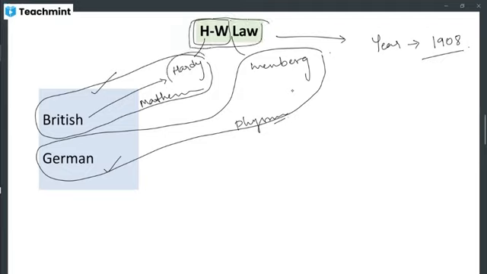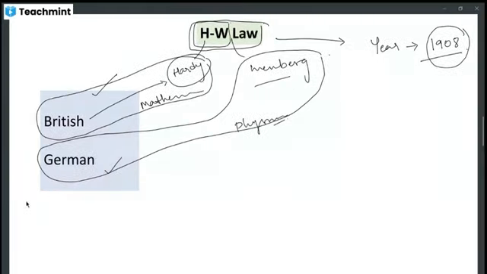So please remember, Hardy was the British mathematician, Weinberg was the German physician, and the year of discovery was 1908. So someone tell me, what does this law state? What is the actual meaning of this law? Anyone? Okay, someone wrote 1908, right?